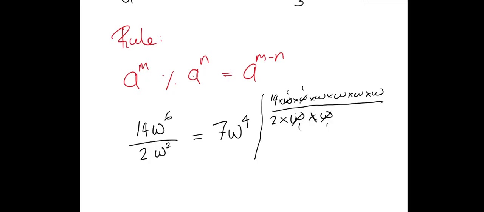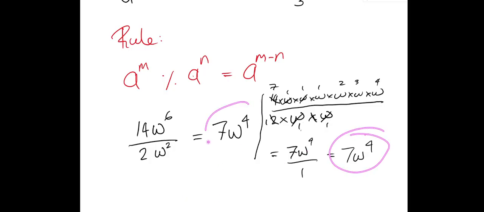But then it's kind of irrelevant. 14 divided by 2, we're going to divide that by 2, it's going to become 1. We're going to divide that by 2, it's going to become 7. And we're going to get 7w, 1, 2, 3, 4, over 1, which is 7w to the power of 4. And sure enough, that is the equivalent to that. They're equal.